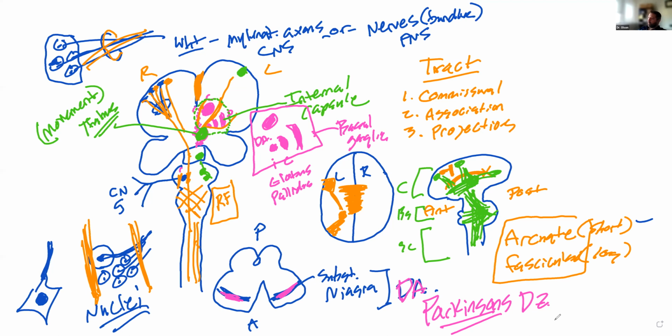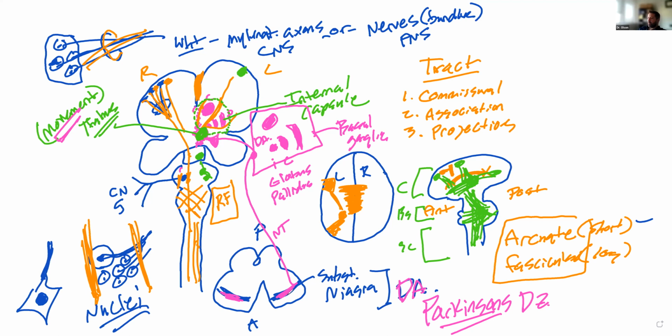But what happens is that the substantia nigra isn't producing enough dopamine, which is not exclusively, but is the neurotransmitter used within the pathways of the basal ganglia to communicate to the thalamus, ultimately to initiate movement.